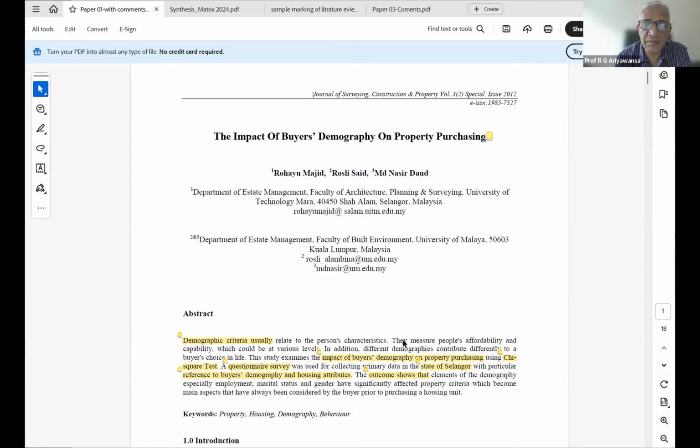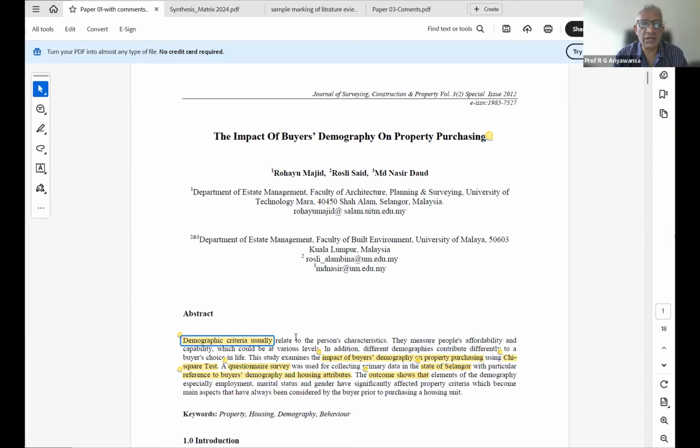Second one, they mean person characteristics. They measure people's affordability and capability, which could be at various levels, right? In addition, different demographics contribute differently to buyers' choice in life.